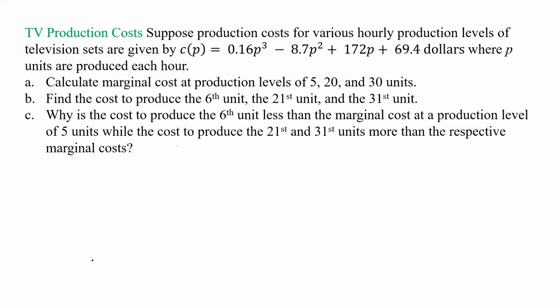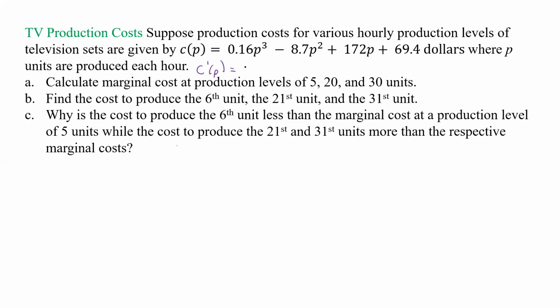And then, why is the cost to produce the 6th unit less than the marginal cost at a production level of 5 units, while the cost to produce the 21st and 31st unit are more than the respective marginal cost? So how do we get marginal cost? Well, we have to take the derivative first.